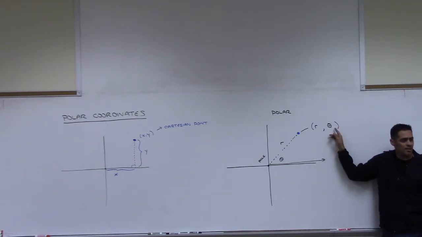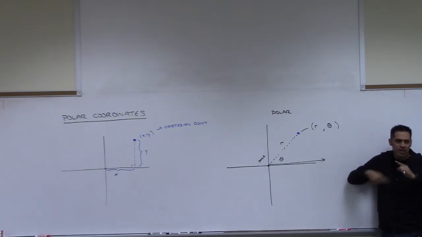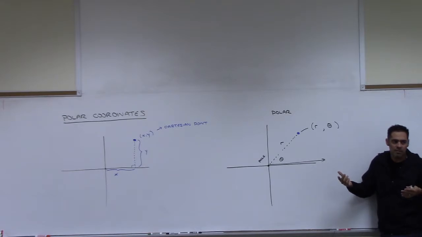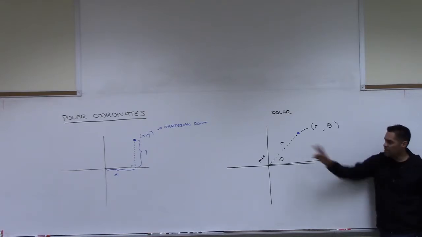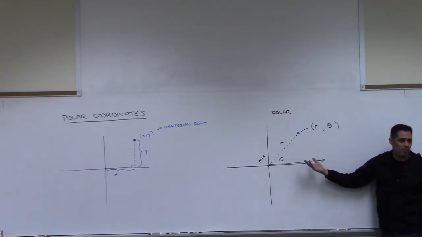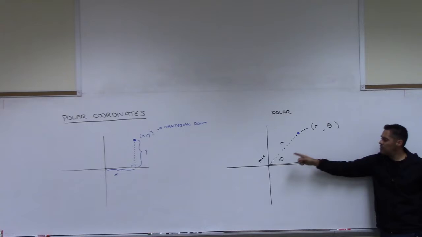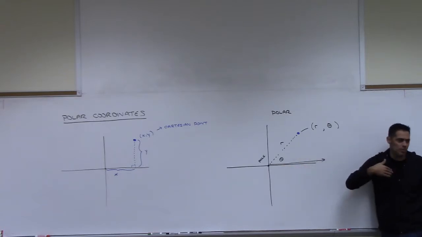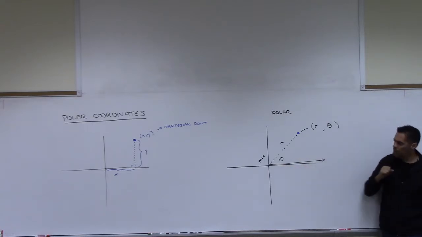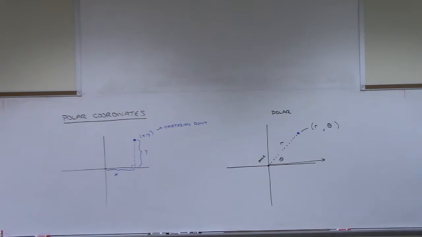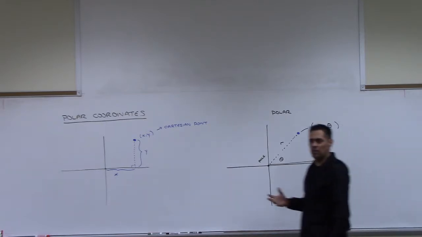The second number is the angle. And you've got to be careful. You can't flip this. If you flip it, it changes what it means, right? Just like over there, if you flip x and y, you're in a different place. So this is an ordered pair, but in polar coordinates, it tells you how far to walk out and what angle to turn. Yes? Okay.